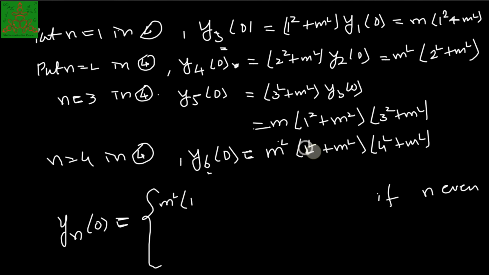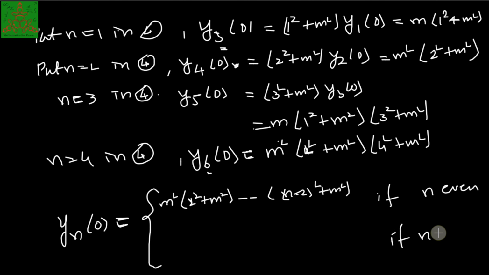Sorry, this is not 1 square, but it is 2 square. When it is 6, it will reach to 4. When it is 4, it will reach to 2. So in particular, the last factor is n minus 2 square plus m square.